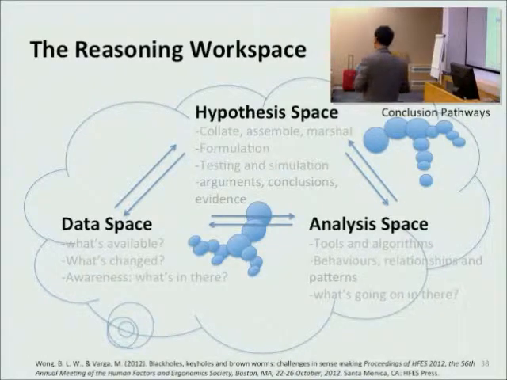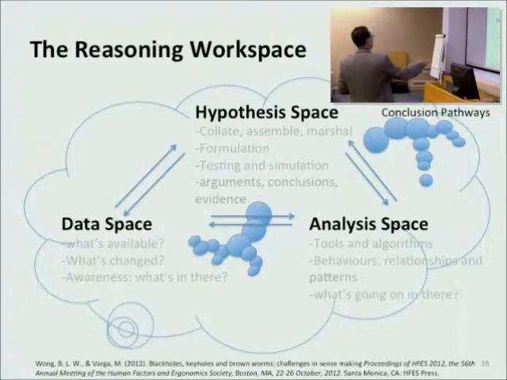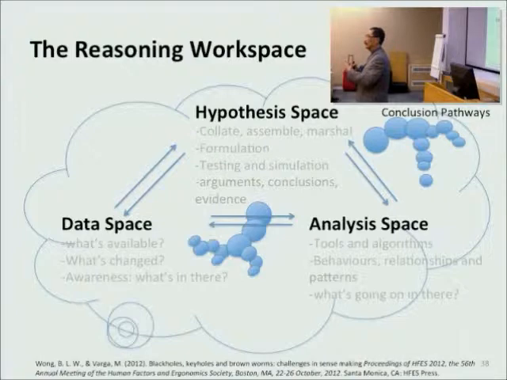What are the data that reside, what patterns are there, and what are the interesting stories I can tell from it if I can find the patterns in the data. But an area that is not very well inhabited is what we call the hypothesis space. It is in the hypothesis space that we start to assemble evidence together or data together that enables us to tell a story. So we move from the analysis through to the assembly and the telling of a particular story.